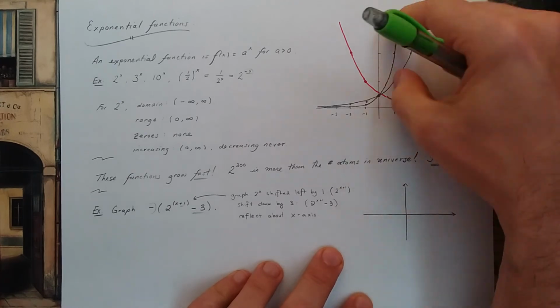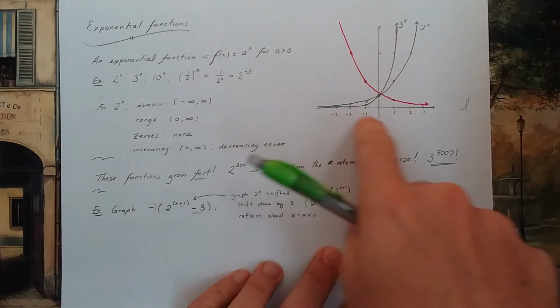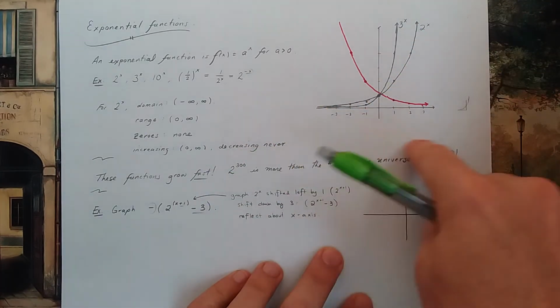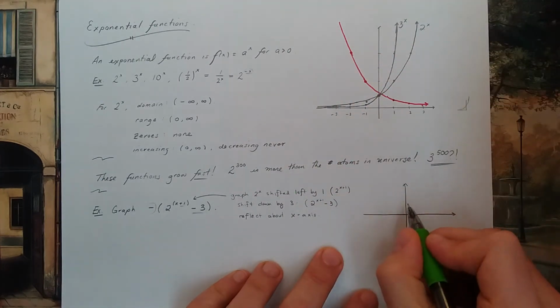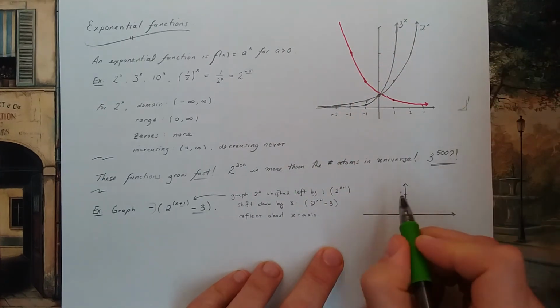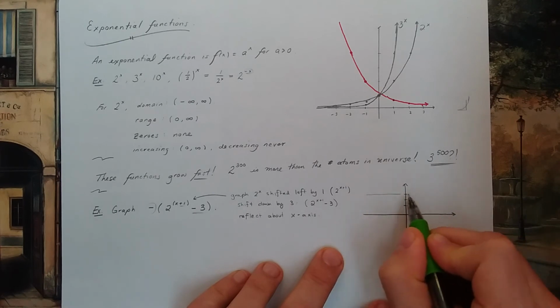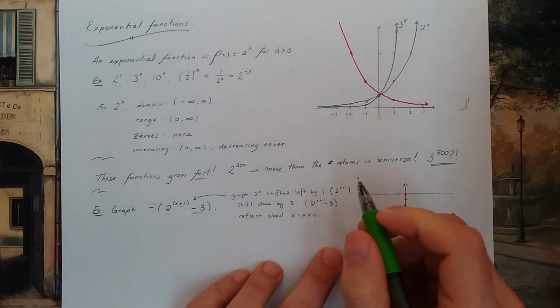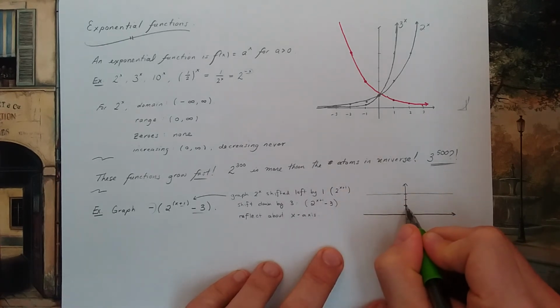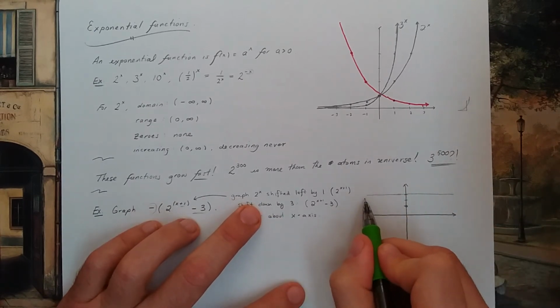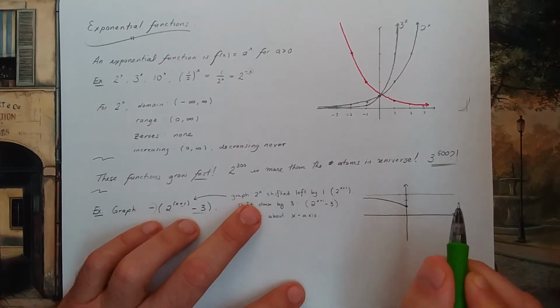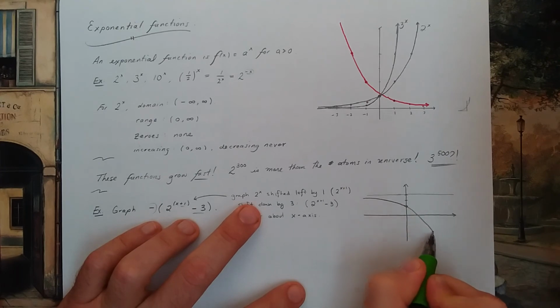So if I shift everything down by 3, the new x-axis is going to be down at -3. And then if I reflect about the x-axis, I'm going to get almost like an asymptote at y equals 3. And I believe if you do these operations, you'll get a picture that looks something like this.